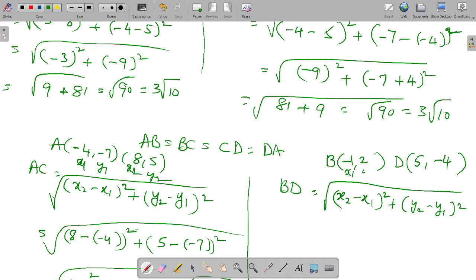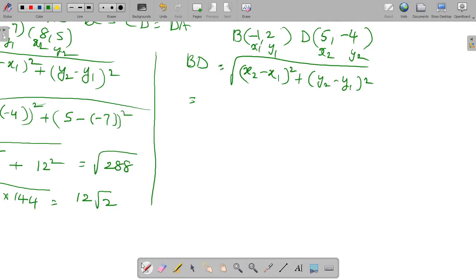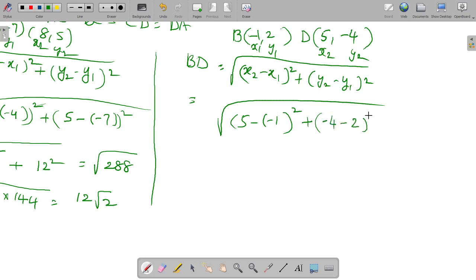So the root of (5 minus of -1) whole square plus (-4 minus 2) whole square. 5 plus 1 is 6, 6 square is 36.